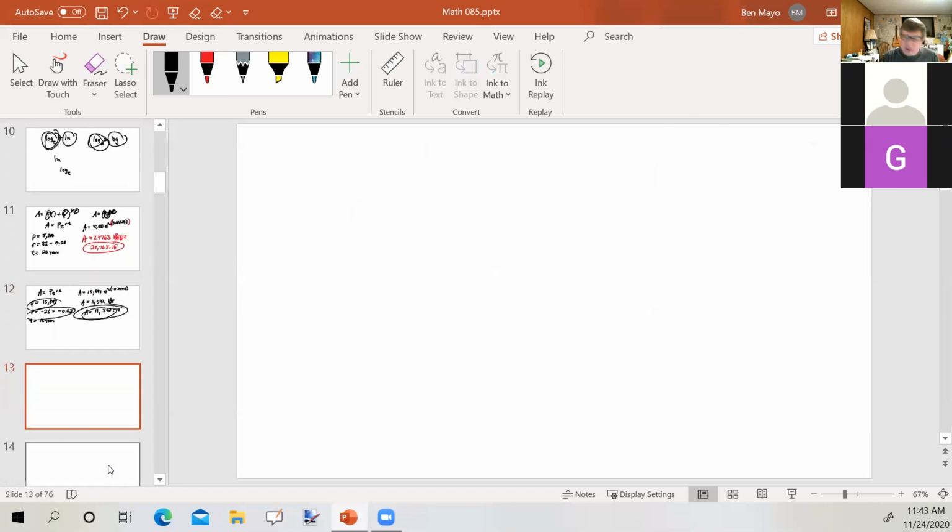Now it says evaluate each expression without using a calculator. And we have the natural log of E squared. Now, I need to figure out what that's equal to, but without punching it into my calculator. So I'm going to say it's equal to some unknown quantity that I'm going to call box.